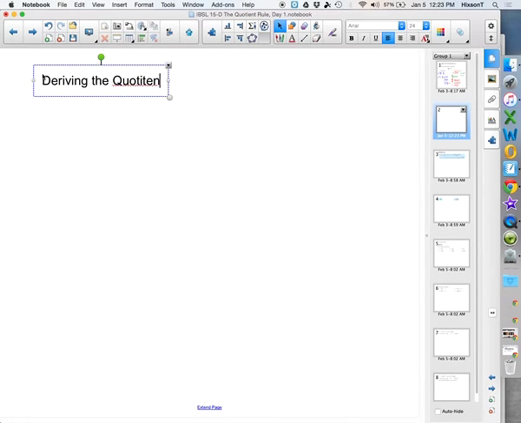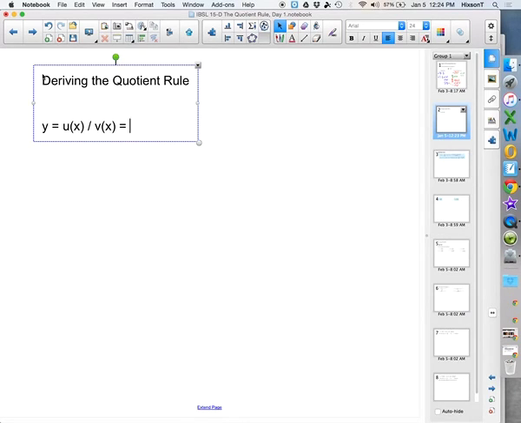Deriving the quotient rule. First of all, let's let y equal u of x divided by v of x. What I'm going to do then is say that this equals the same thing as u of x times v of x to the negative 1.